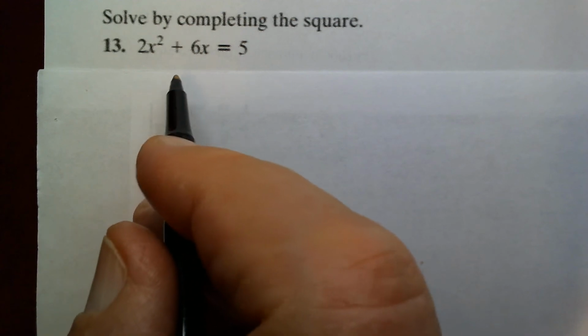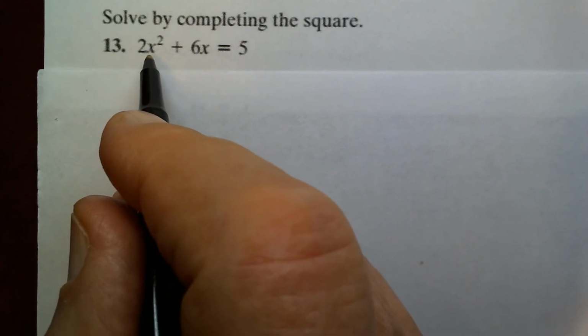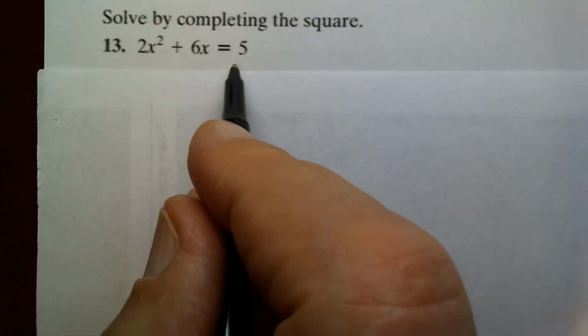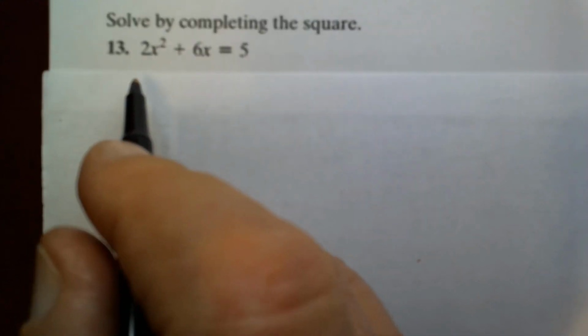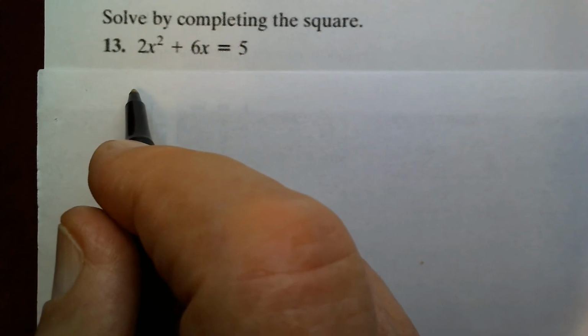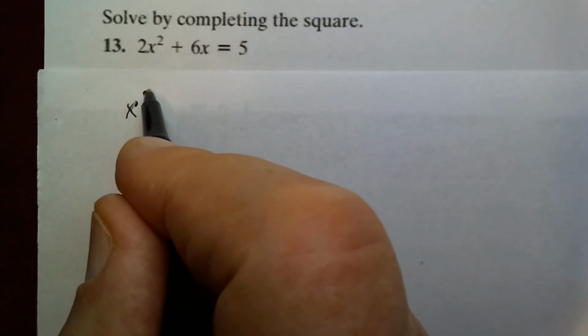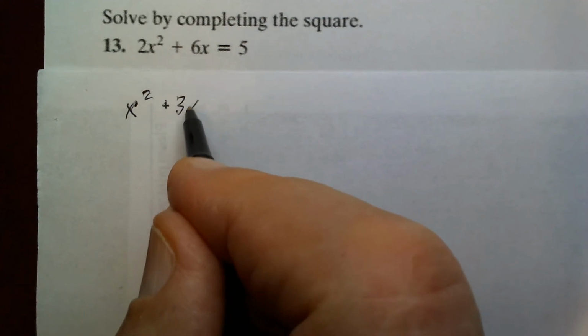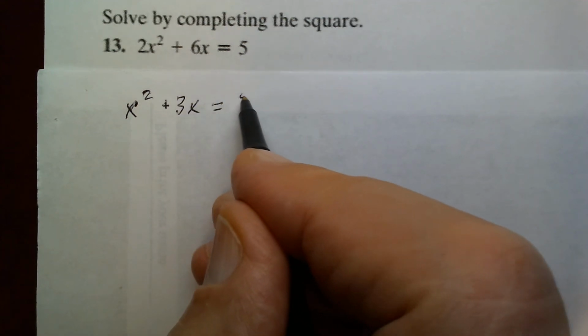For number 13, we notice that the coefficient of x squared is not equal to 1, so that means we need to divide each term by 2, or multiply by 1 over 2. So then that becomes x squared plus 6 divided by 2, which is 3x, equals 5 divided by 2.